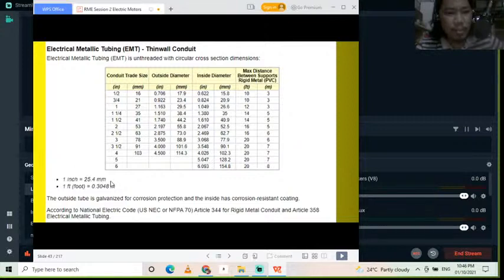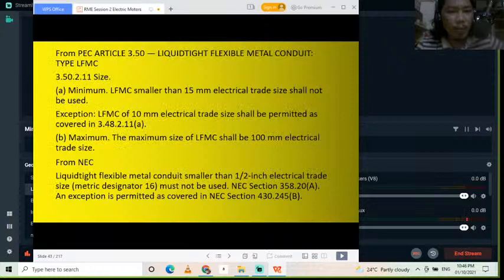Kaya pagkalahating inch, 25.4 divided, nasa kulang-kulang 13 lang di ba? So, mas maliit pa rin sa 16 mm. Pero pagdating dun sa Philippine Electrical Code, 15 mm ang nakalagay. Okay. So, correct answer natin, 1/2.